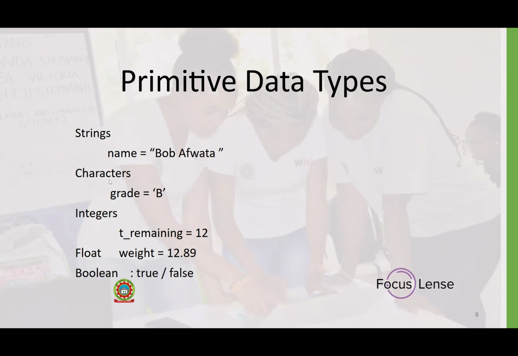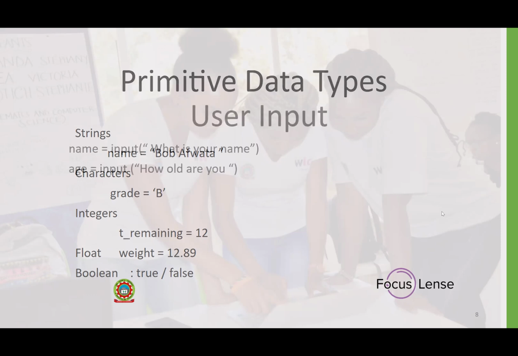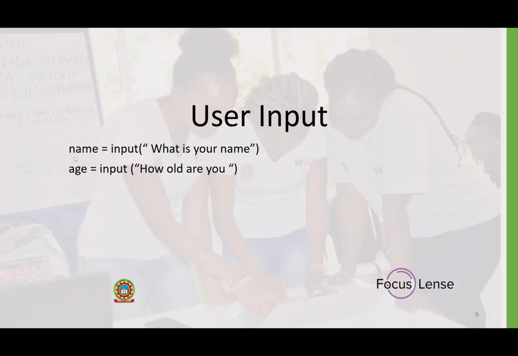And I told you characters are not there; they are still just referred to as strings. Integers are positive or negative whole numbers, floats are decimal or fraction numbers, and Boolean is true or false. Then how to get user input. The keyword there is input.